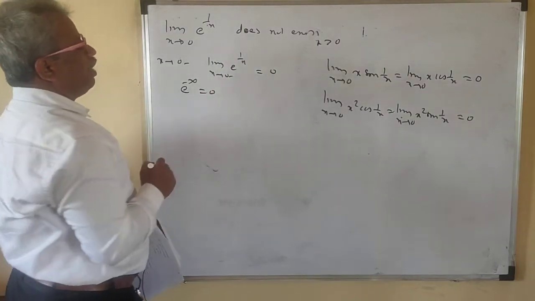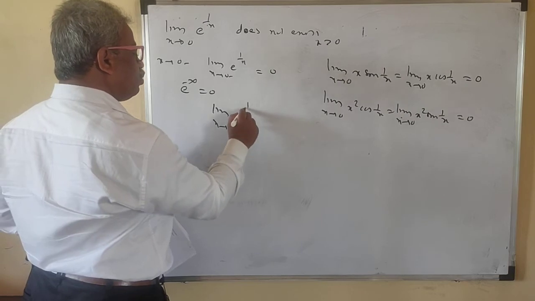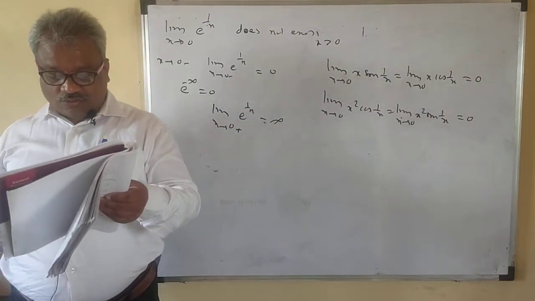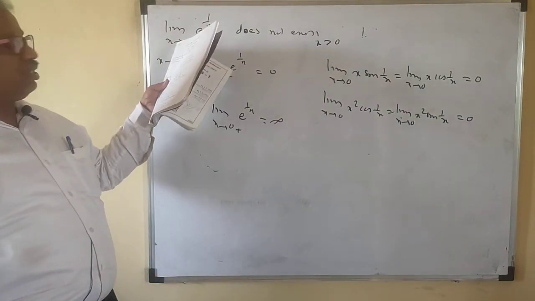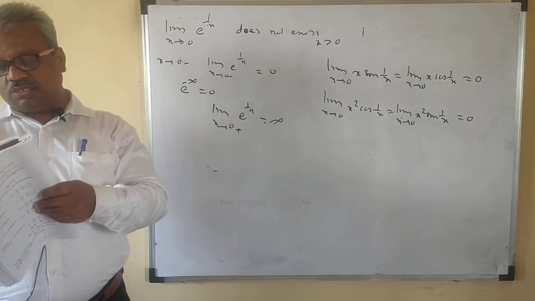That means 0 minus. But limit x tends to 0 plus, e raised to 1 by x is infinity now, because e raised to infinity is infinity. So whatever it may be, the total limit, limit x tends to 0 of e raised to 1 by x, does not exist. So remember that.